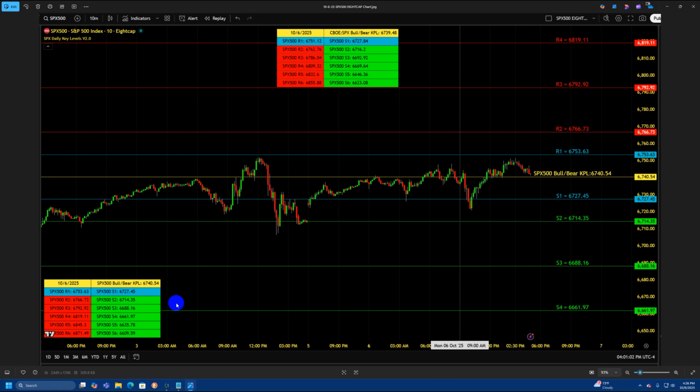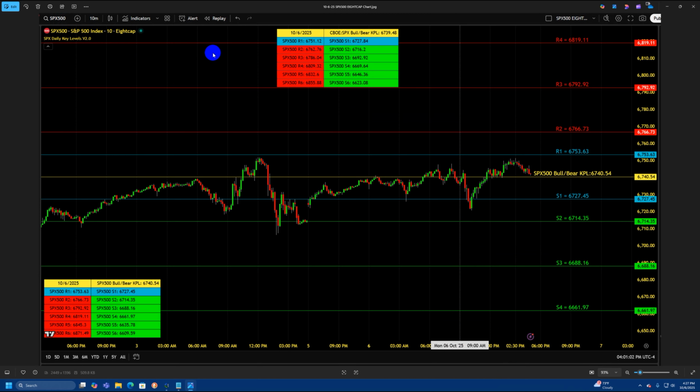And you have this table down here, which is the same levels for the SPX 500 8-cap, but then you also have the second table here, which is displayed at 9 a.m., and these will be the CBOE SPX index levels for today's session. We have the 9 o'clock candle marked off here, so these will appear at 9 o'clock on this SPX 500 chart.